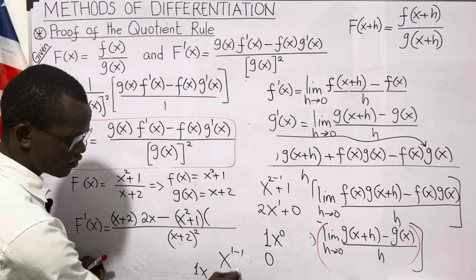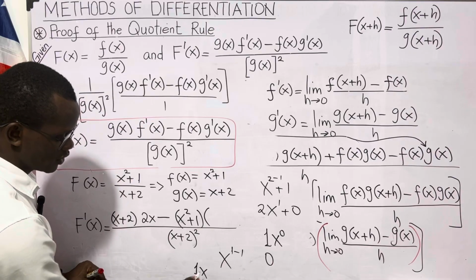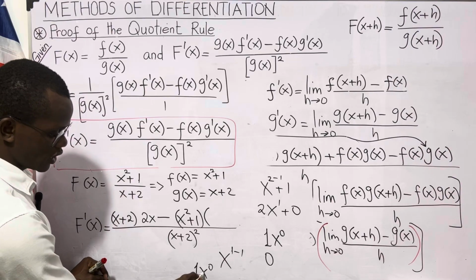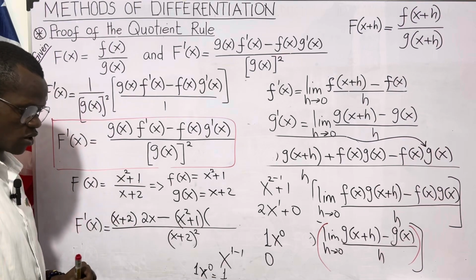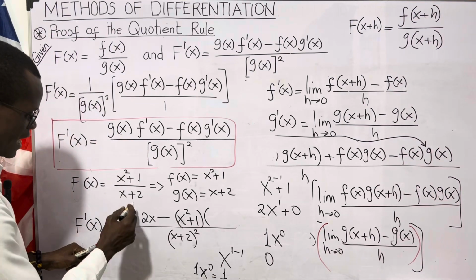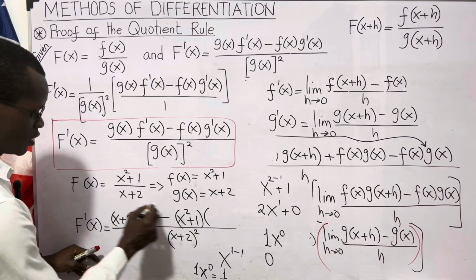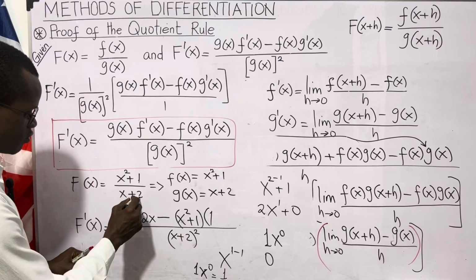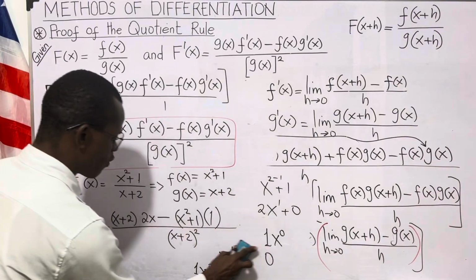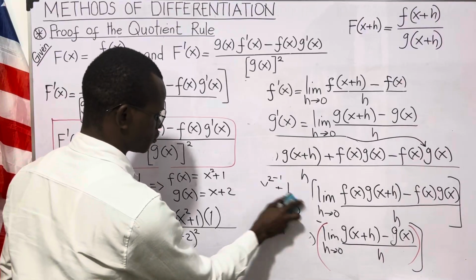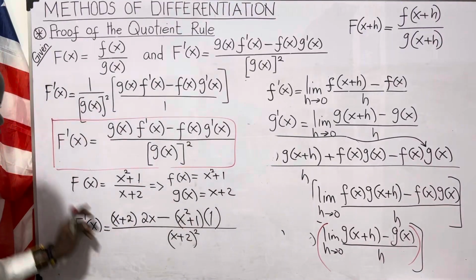X, you subtract 1 from the power according to the rules of derivative, it gives you 0. Any expression raised to the power 0 is just equal to 1. So there is just 1 times 1, 1. So the derivative of x raised to the first power is just equal to 1. And the derivative of 2 is 0. So this is exactly how we apply the quotient rule.